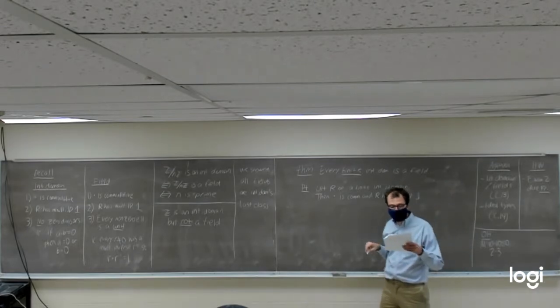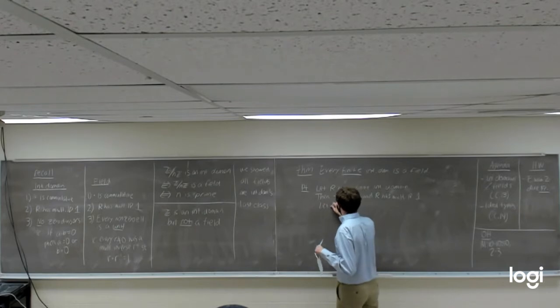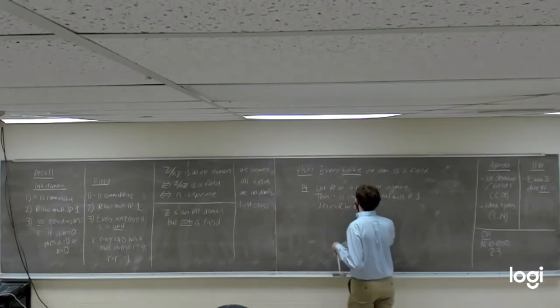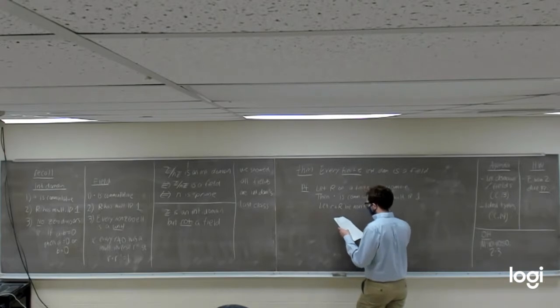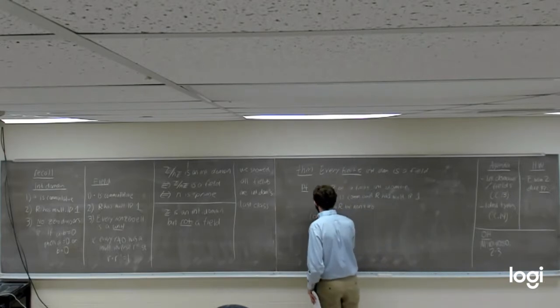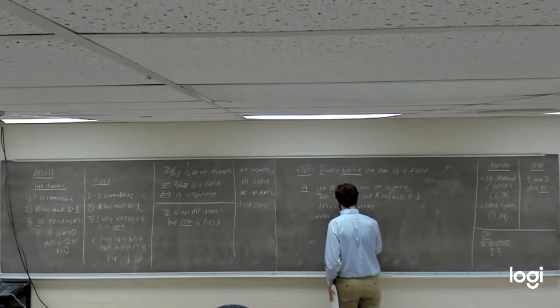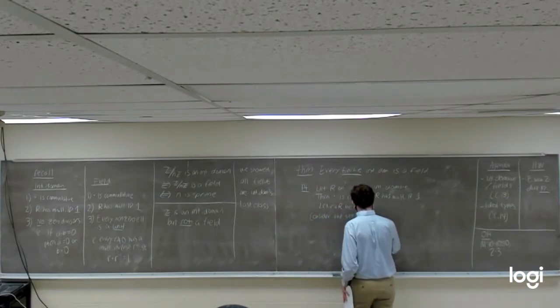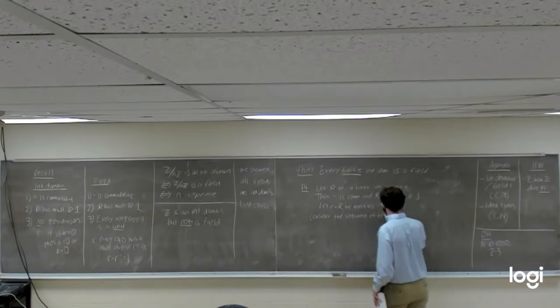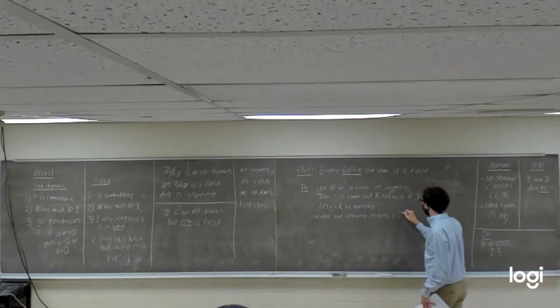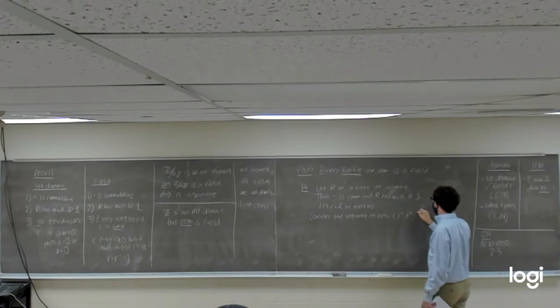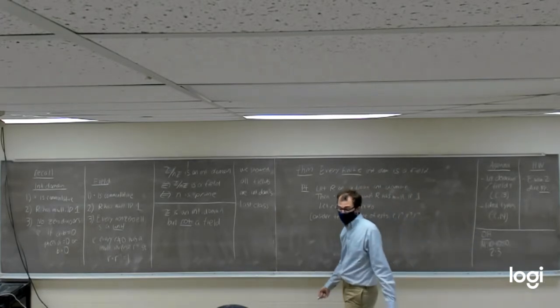So next thing I'm going to do is let little r in R be some non-zero element. And what I want to do is consider the sequence of elements r squared, r cubed, r to the fourth, etc., going on forever.